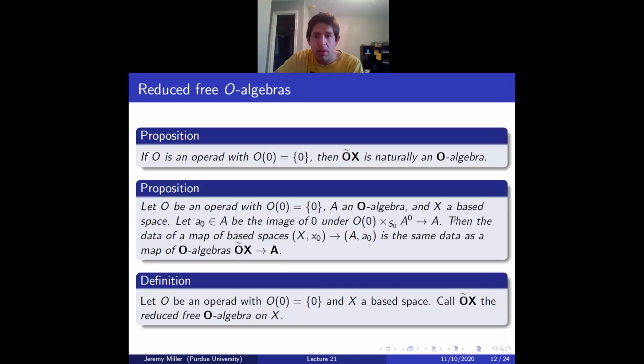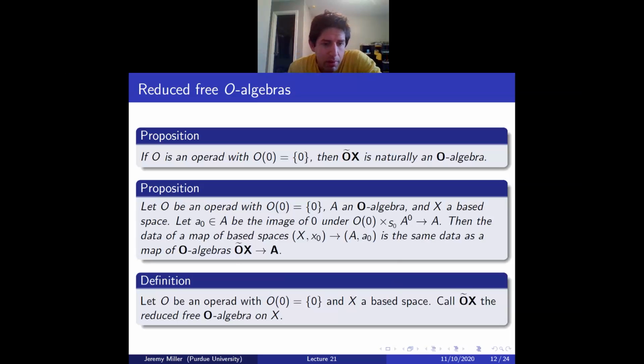Yeah, so this last sentence says that OX satisfies the diagram associated with being a free thing. So the reduced monad evaluated on a space, we're going to call the free O algebra on X. And the second sentence says it satisfies the correct universal mapping property.